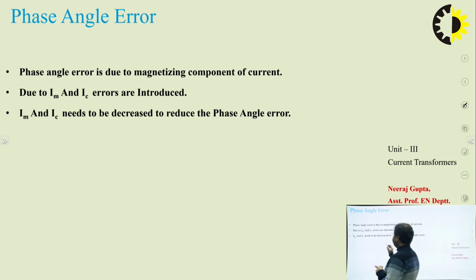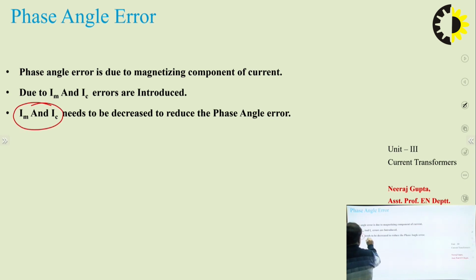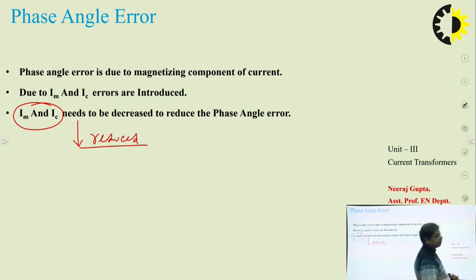This angle could be avoided only when Im and IE are reduced, as these relate to the magnetizing loss and the core loss.